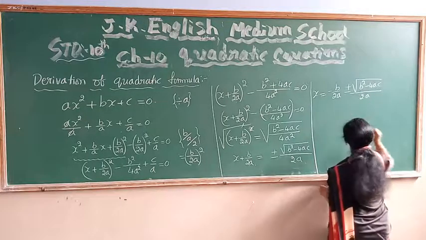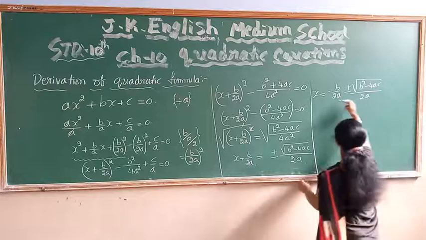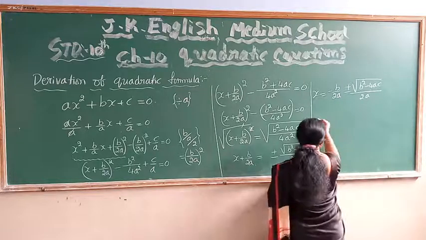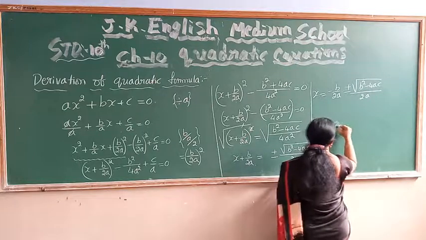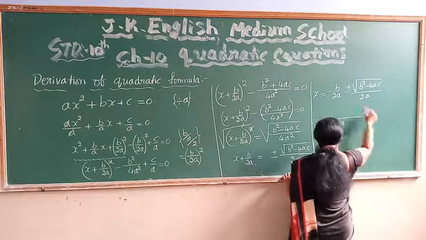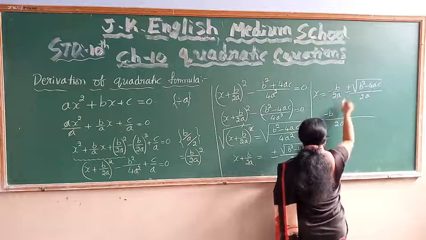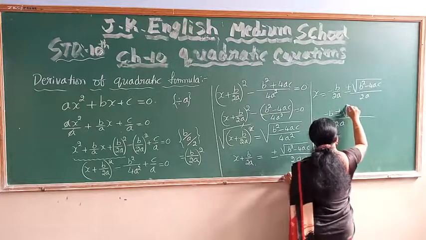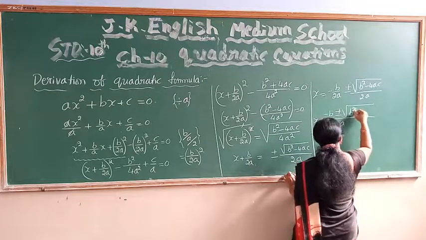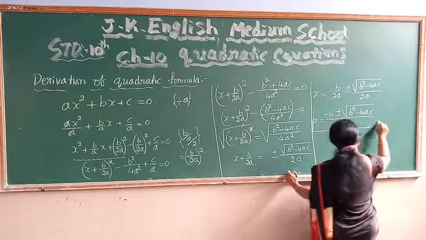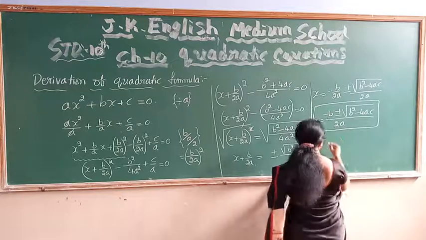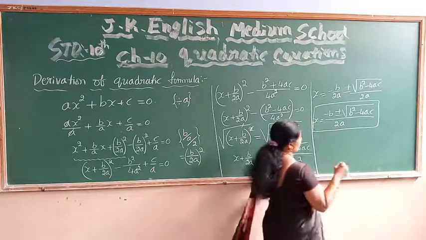Then 2a is common. The denominators are the same, so I can add or subtract the numerators. 2a is written as it is. Then minus b plus or minus the square root of b square minus 4ac. This is the quadratic formula.